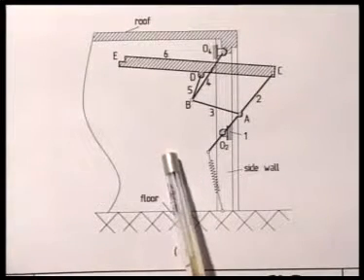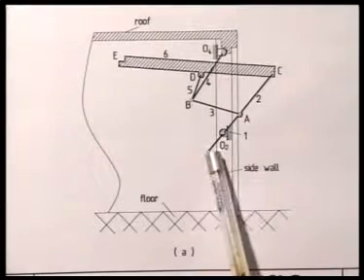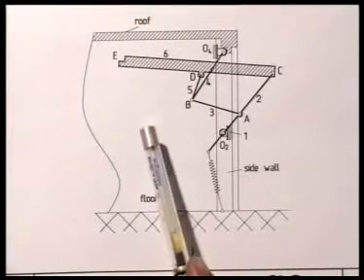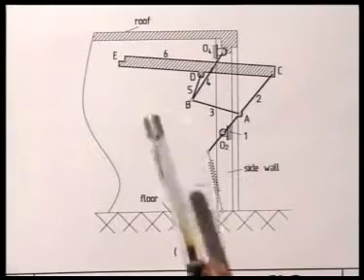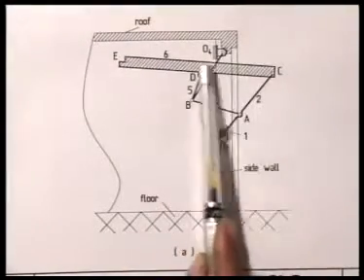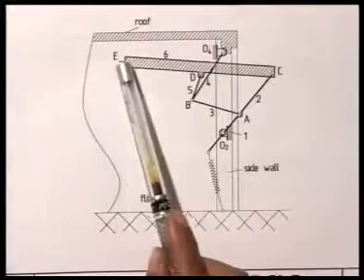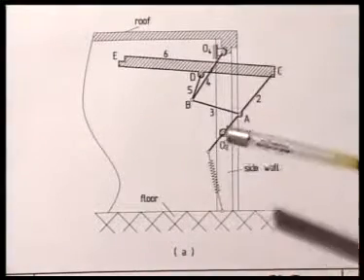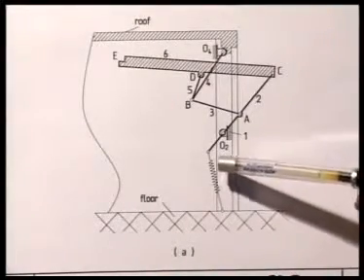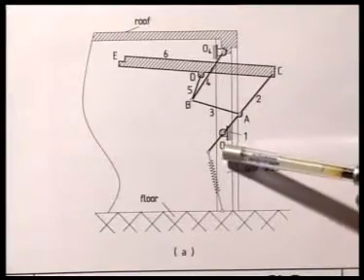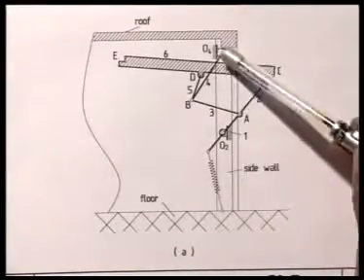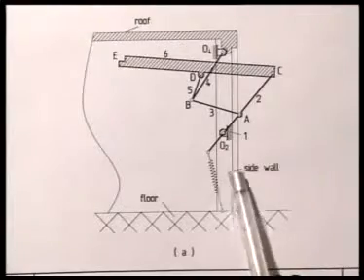This figure shows the sketch of the proposed 6-link mechanism to be used as a rail-less garage door. This member EC represents the door board. The fixed hinges or fixed pivots of this mechanism are at O2 and O4, which are mounted on the side wall of the garage.